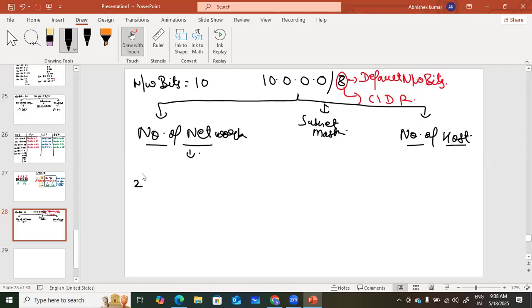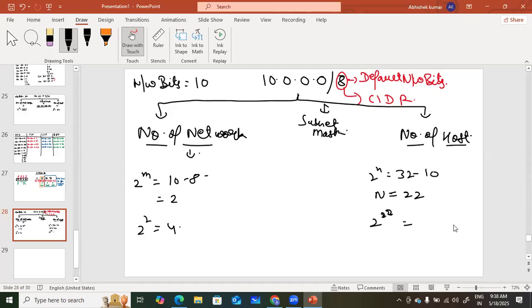So 2 to the power of 10 minus 8, which gives me 2, so 2 to the power 2 is 4. And for the number of hosts, it's 32 minus 10, which is 22.